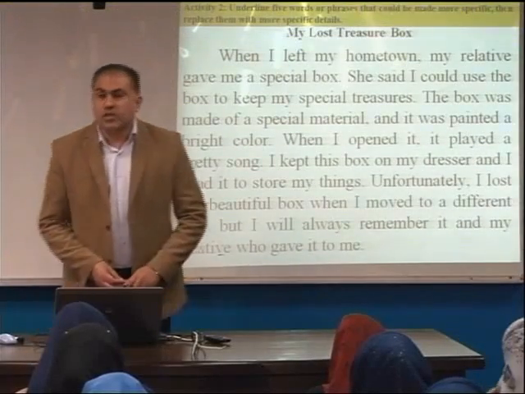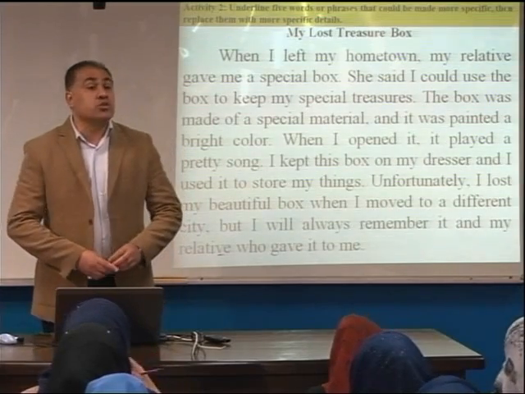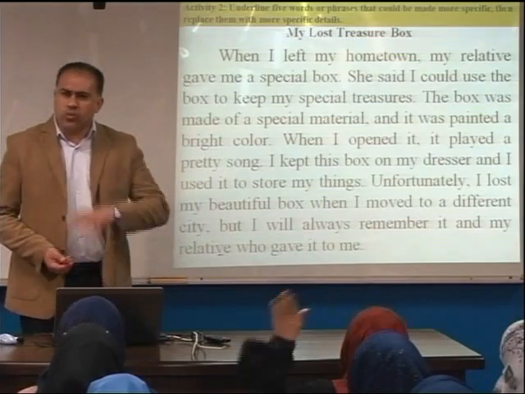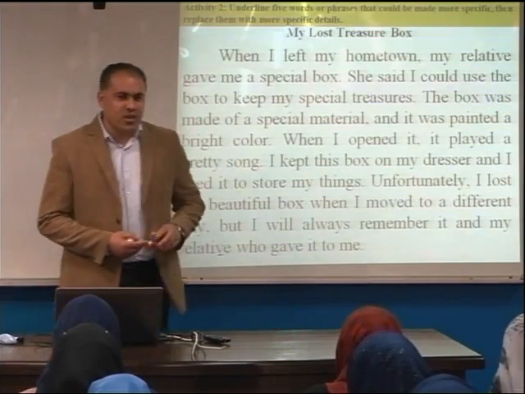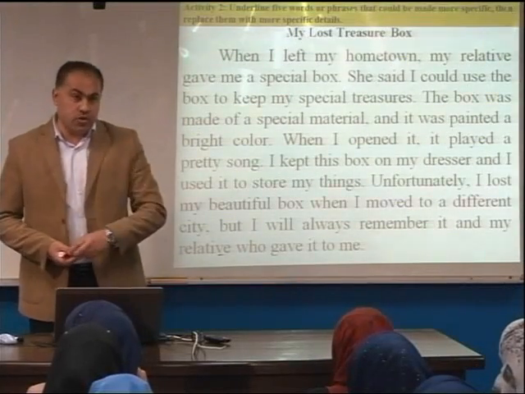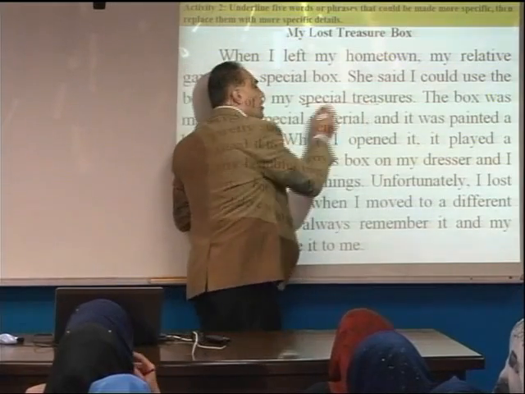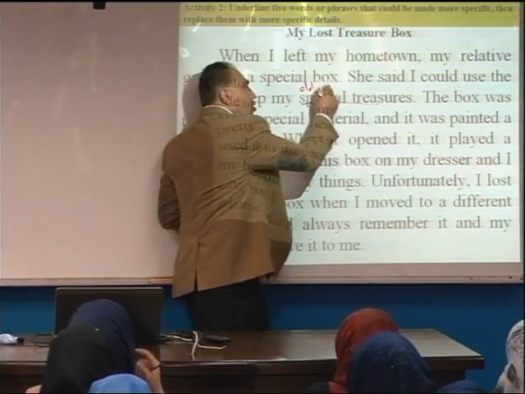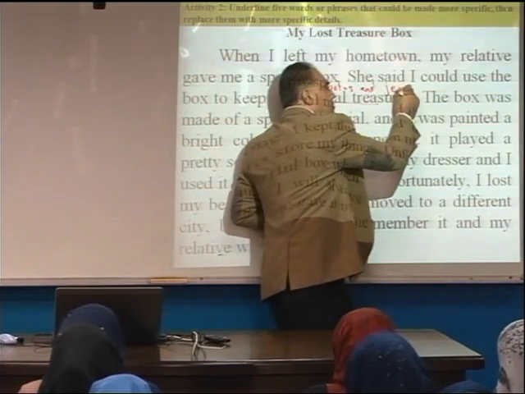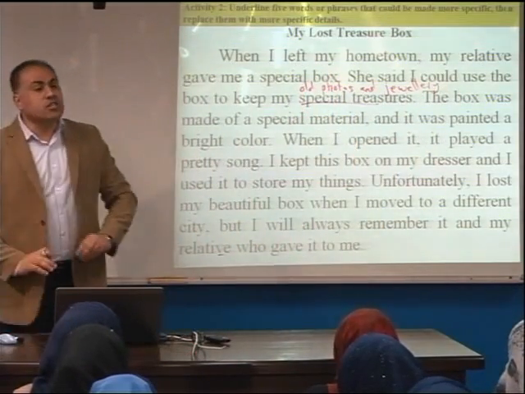Alright, let's see. She said, I could use the box to keep my special treasures. Now, special treasures is rather general. How did you write it, please? My toy collection, very nice. Or it could be my jewelry, my old photos, for example. So special treasures could be something like my old photos and jewelry. Now it is clearer.